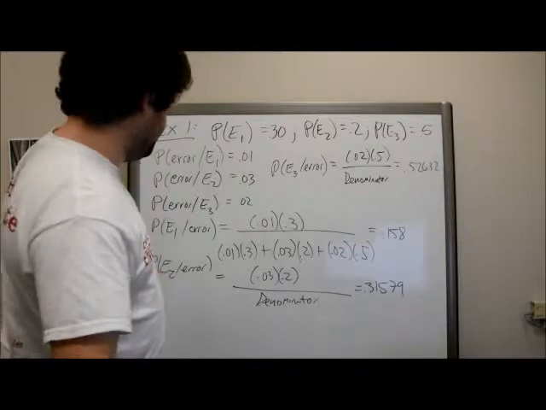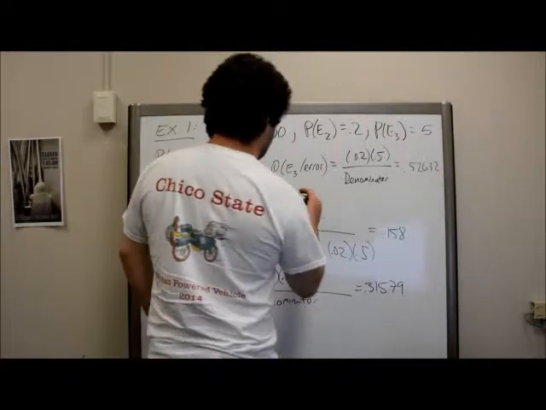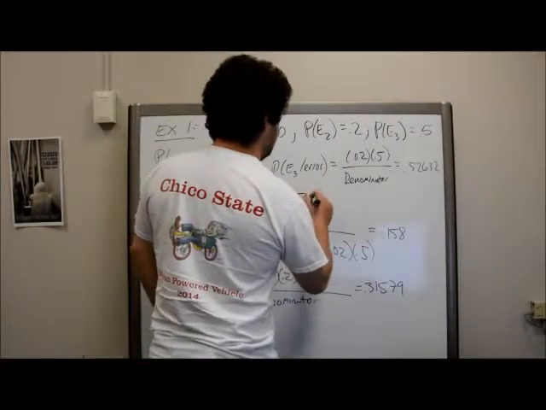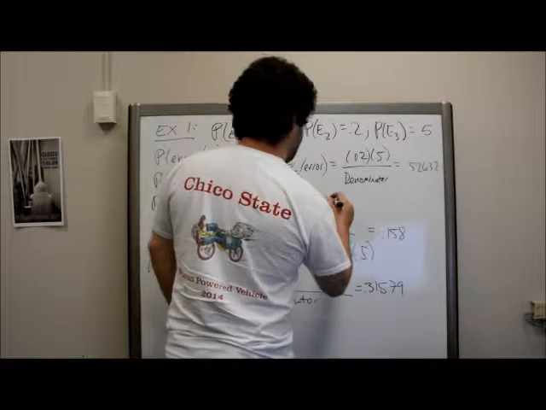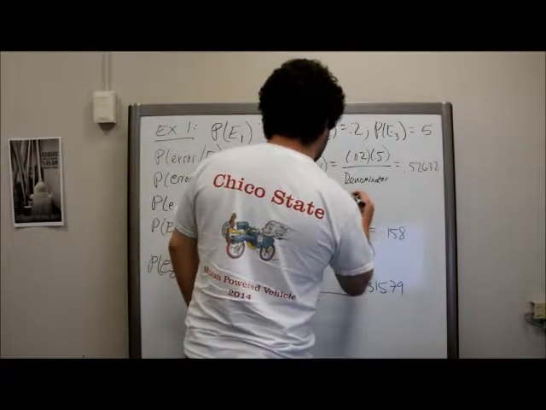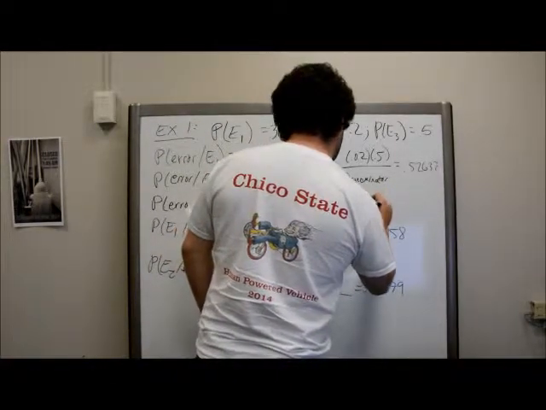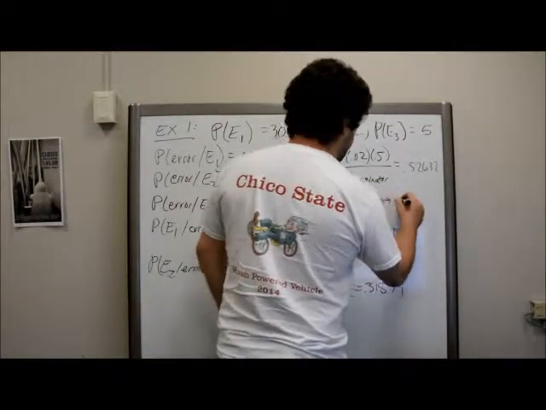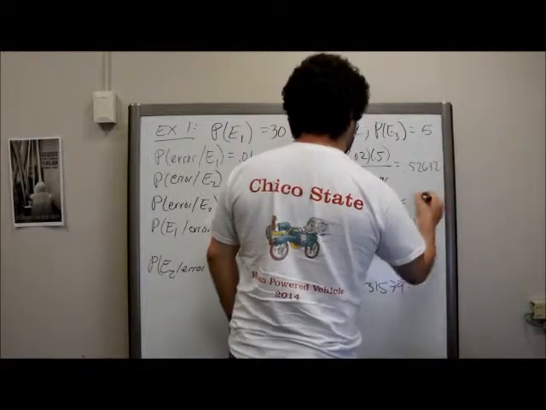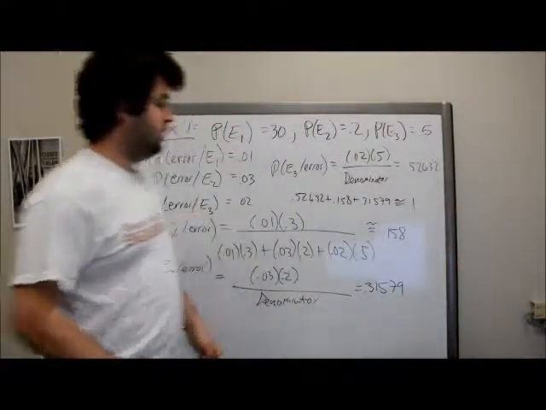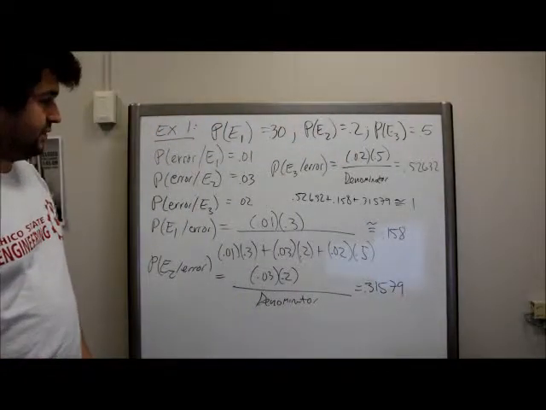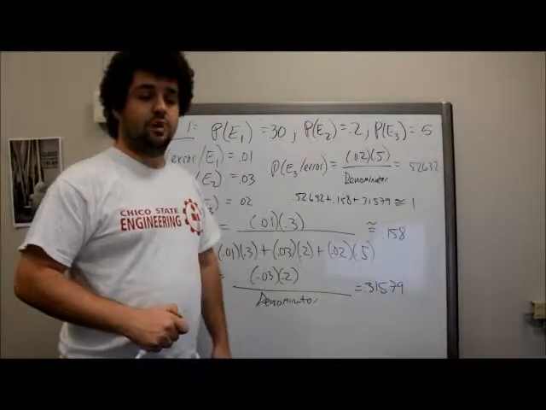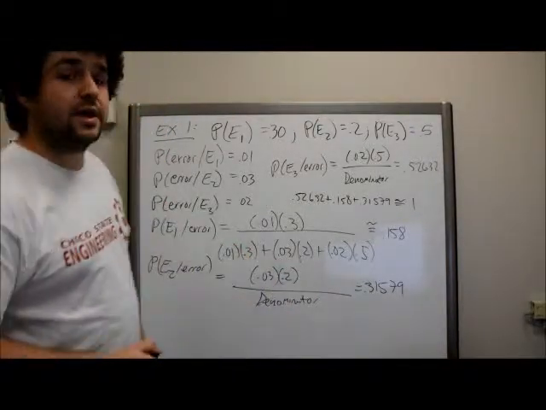I get 1. And this is an approximation. Alright, so engineer 3 will be the one most likely responsible for making a serious error.